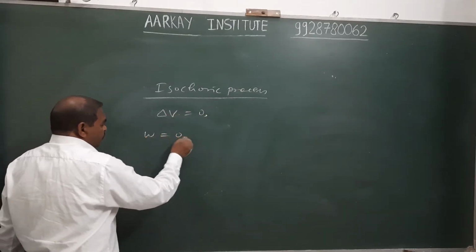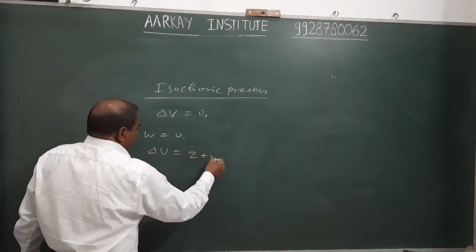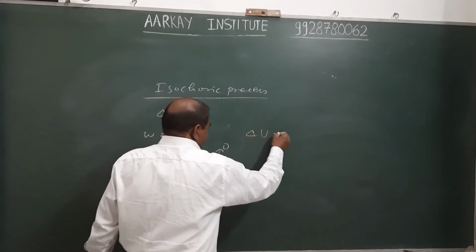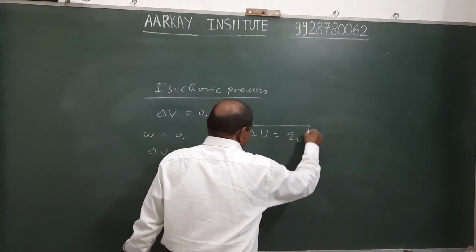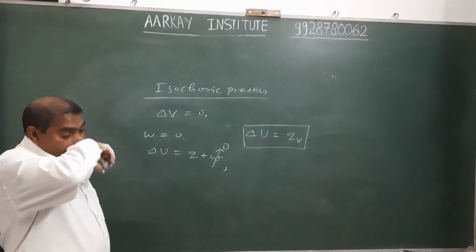Therefore work is also zero, and hence according to the first law of thermodynamics, change in internal energy of the gas equals the exchange of heat energy. Exchange of heat energy means it may be absorbed or may be lost.